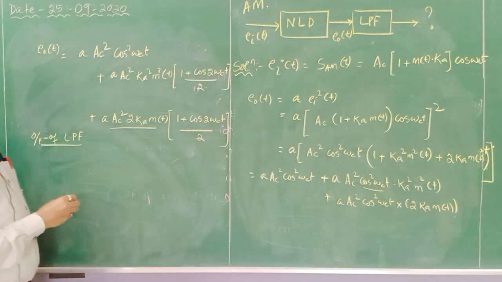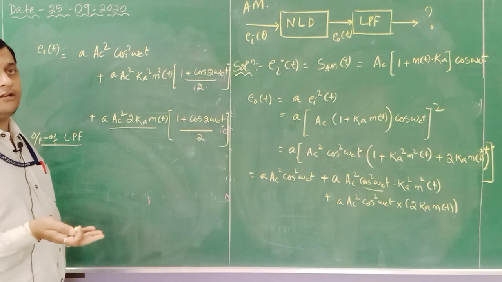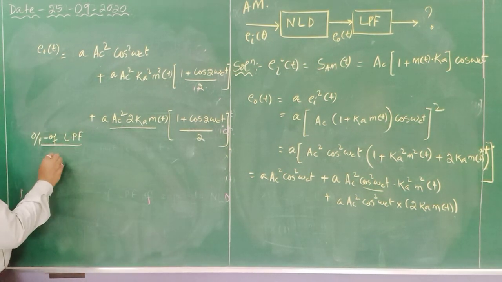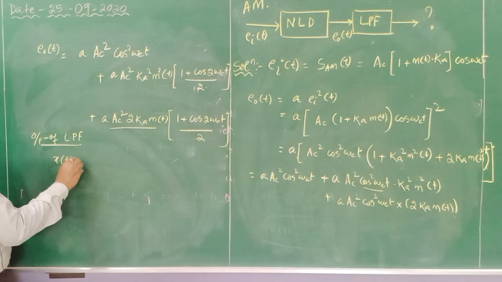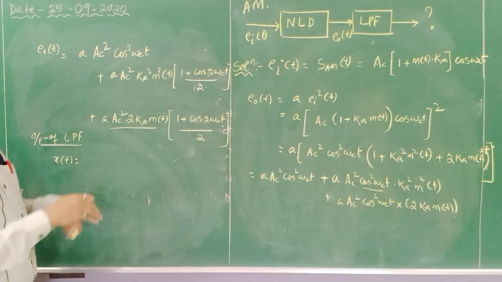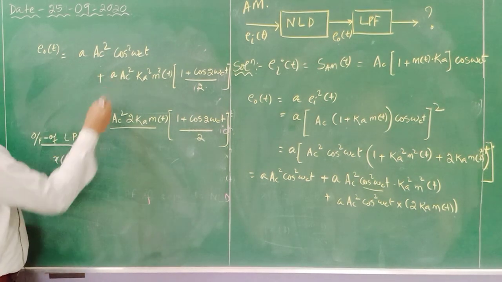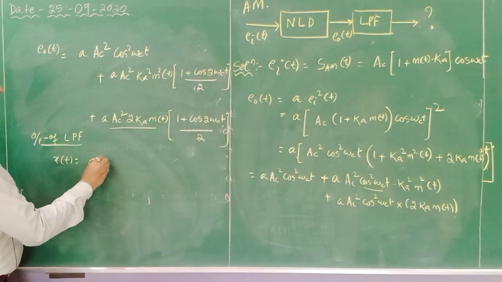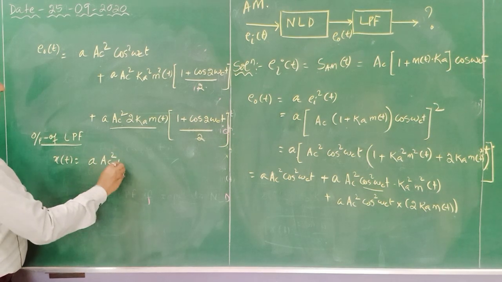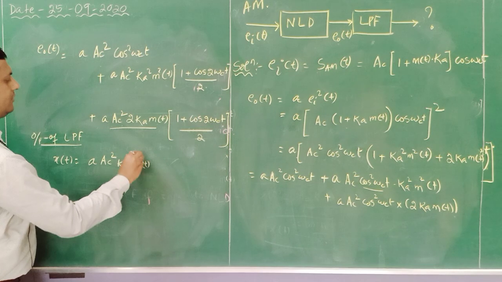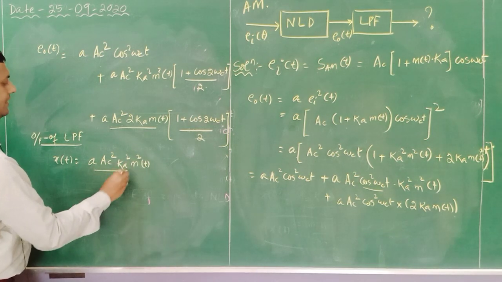So output of LPF is centered at the modulating frequency FM. Let us consider the output of LPF is X of T. The DC component is suppressed, and the higher carrier frequency is also suppressed. So here we will get A into AC square into K square into M square of T whole divided by 2.